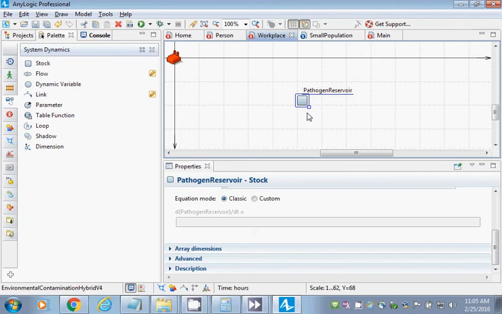Using the types of tools we use in discrete event modeling, we could indeed make the workplace divided into a set of rooms. I don't know if you remember, but the day before yesterday I showed how with discrete event modeling, you can draw out with the markup palette rooms in a facility and treat them as resources. We could have rooms in a facility, each having their own pathogen reservoirs.